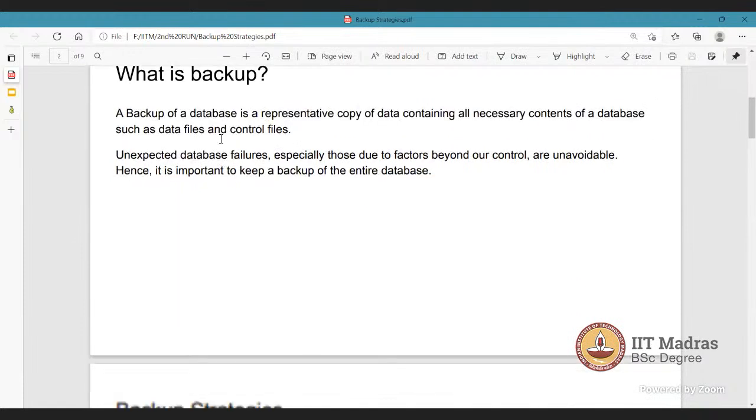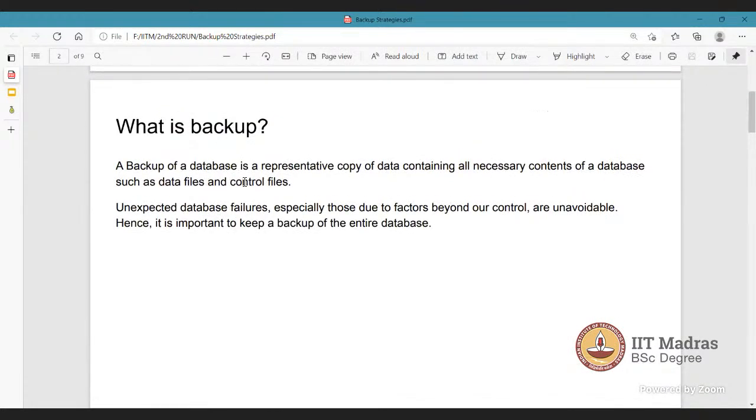So what is a backup? By definition, a backup of a database is a representative copy of data containing all necessary contents of a database, such as data files and control files. So backup basically keeps a duplicate of the necessary data, or of all the data from the database.